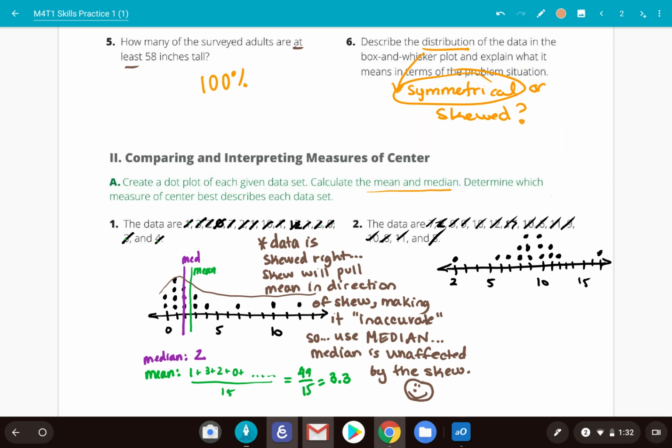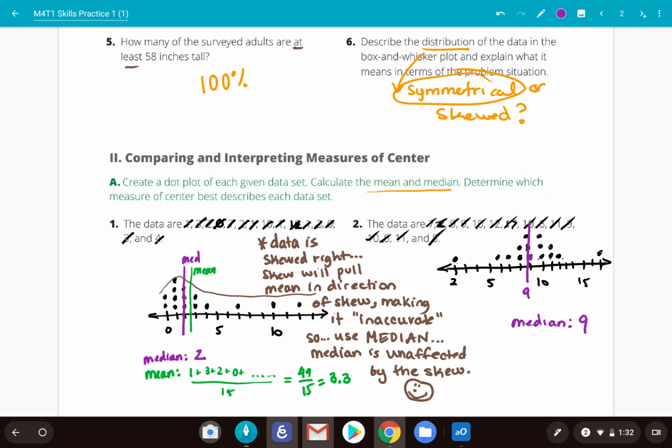And so we can find the median. That's your middle value. There's 15 numbers, so we're going to look for the 8th one. 1, 2, 3, 4, 5, 6, 7, 8. So it's going to be 9.